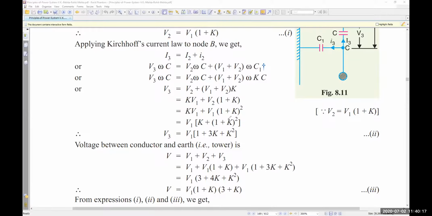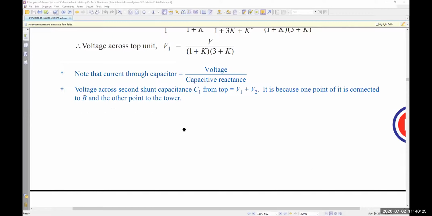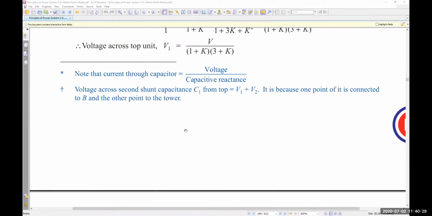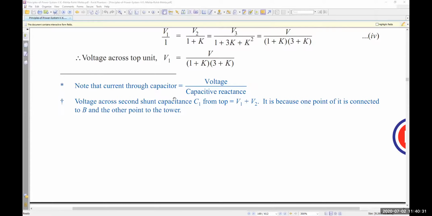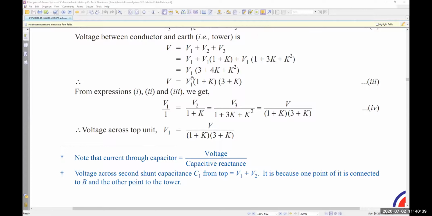Yes. Okay, here, voltage across top unit V1 is equal to V divided by (1 plus K) into (3 plus K). We can take this and divide at the bottom, right?